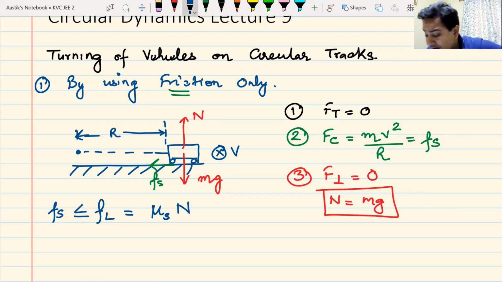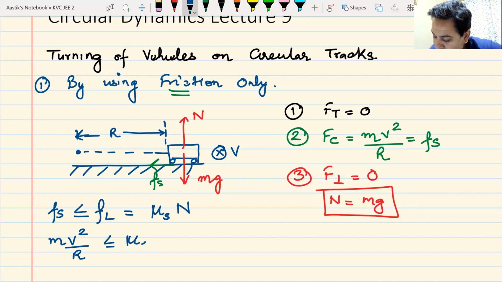I now just need to put the values of everything. F static, which is m v squared by r, is always less than or equal to mu s into N. Do we understand this?